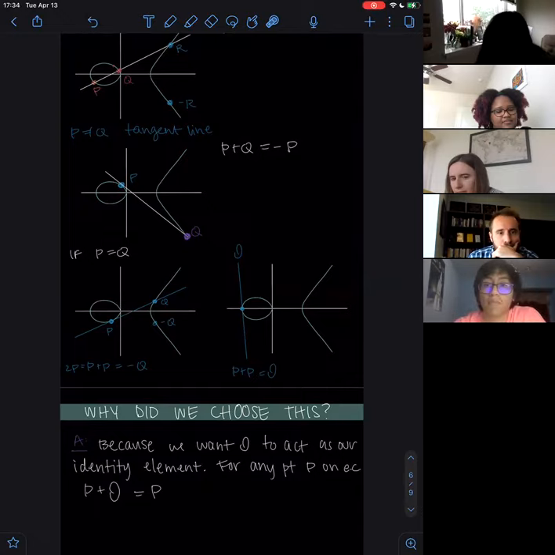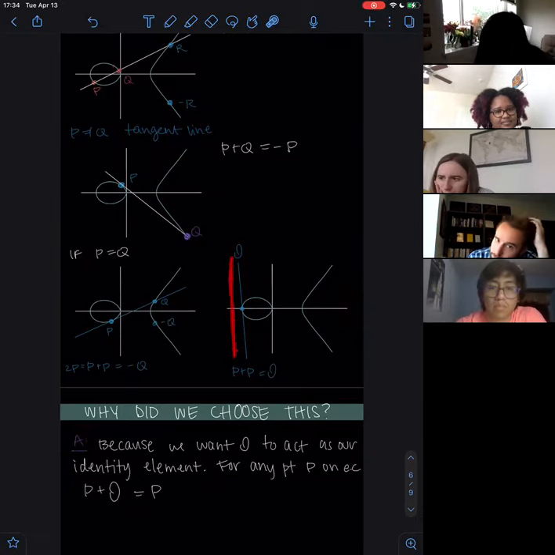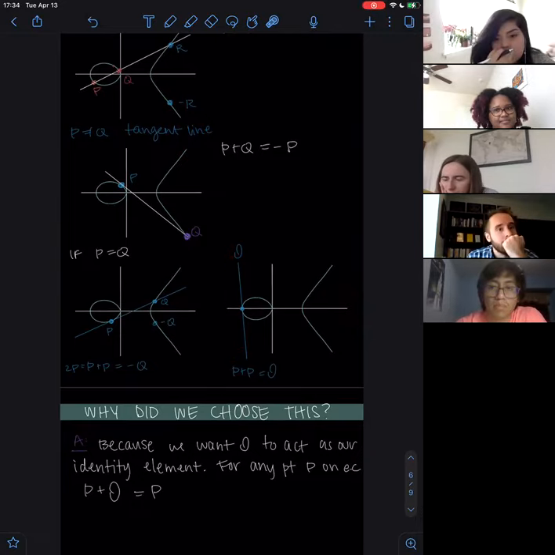Where the point P, the line through the point P and the point at infinity gives us this vertical line, which is going to intersect. This one's a weird one, but it's going to intersect the point negative P, right?